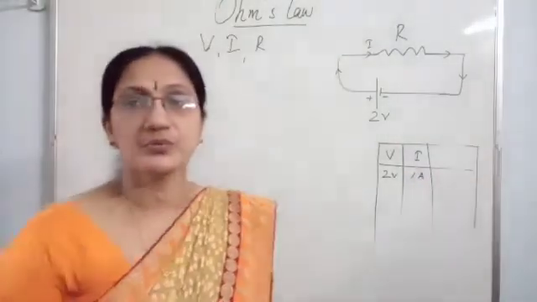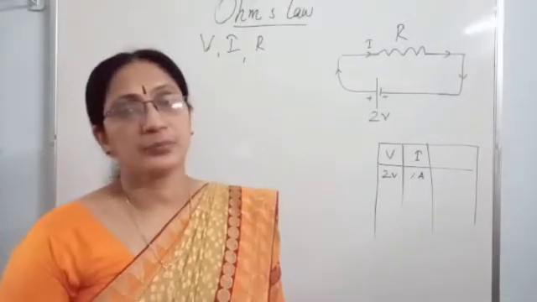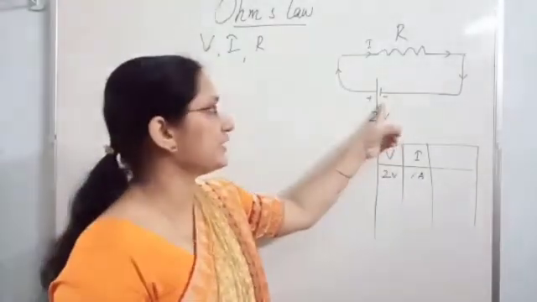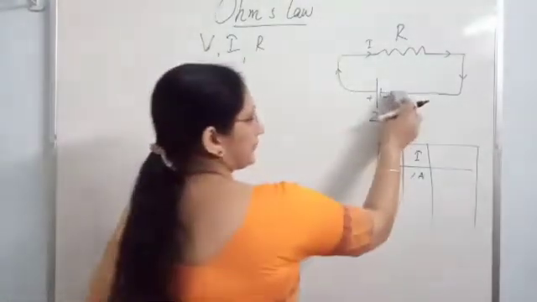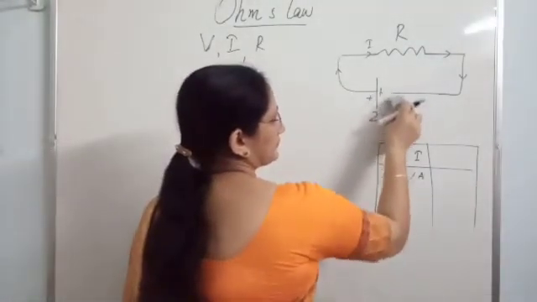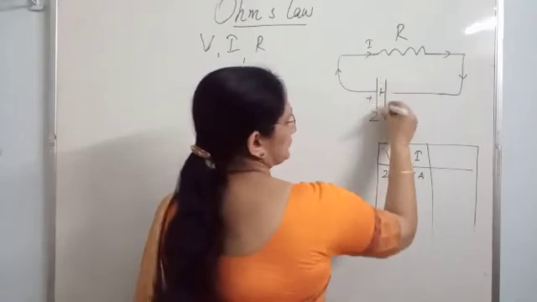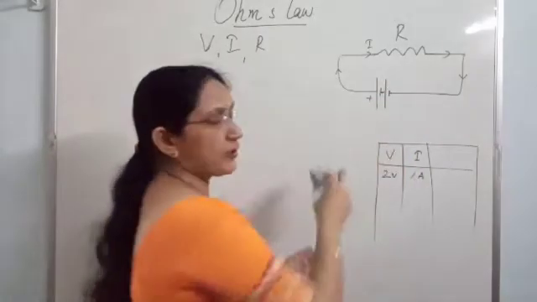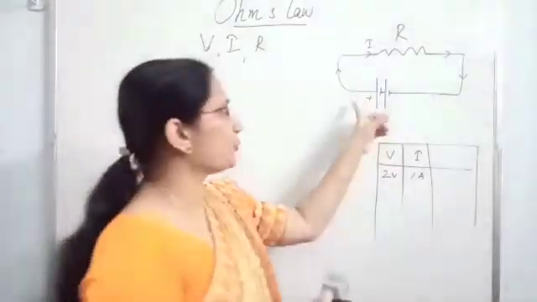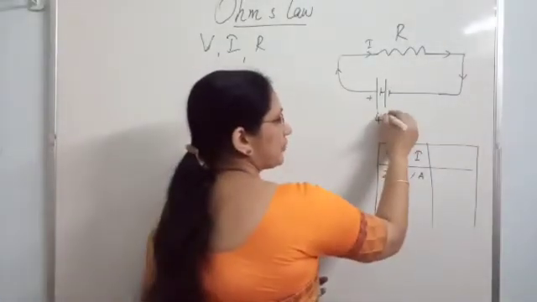Now you have to change the potential difference. Here I am connecting one more cell in series. There are two cells, each of 2 volt. So 2 plus 2, 4 volt is the potential difference.